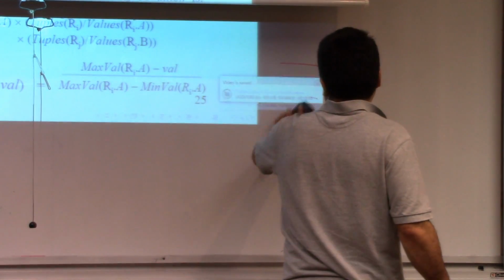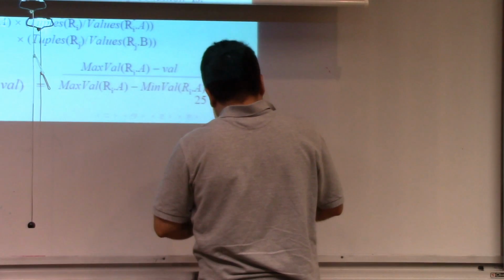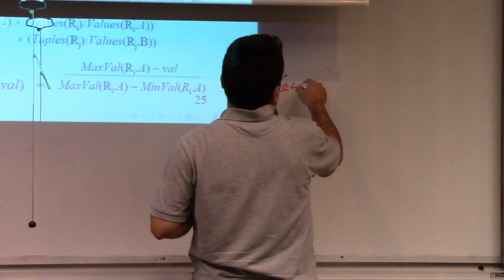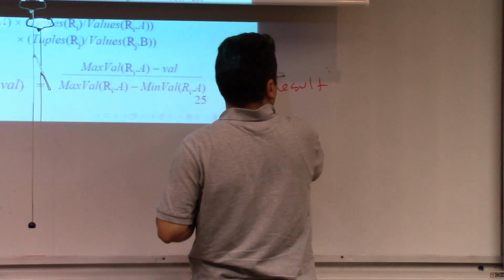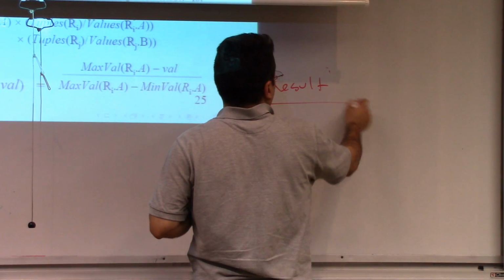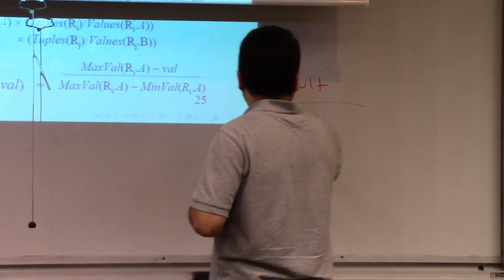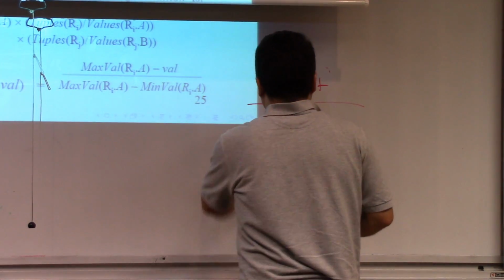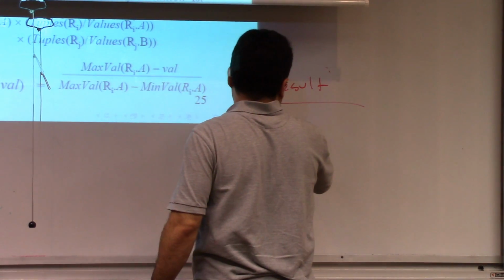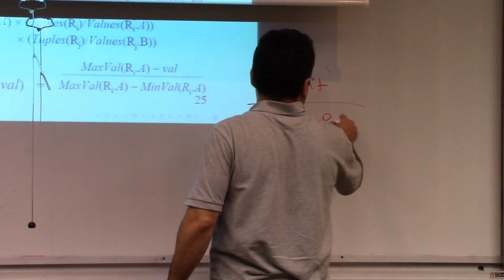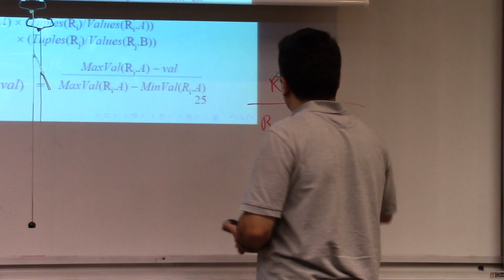What was the reduction factor? Well, the reduction factor was the result, to the maximum of R1. The result is the number of the result.